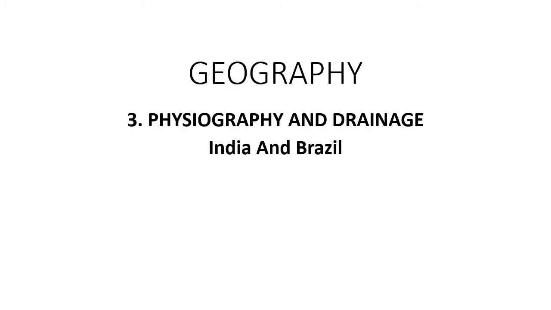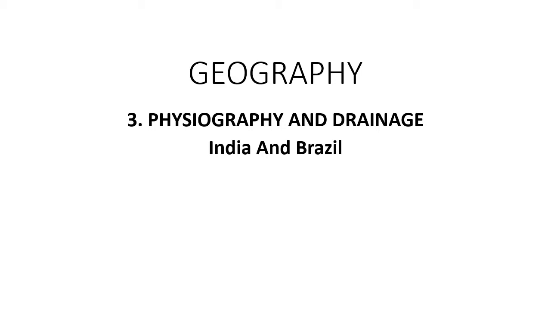Dear students, as I said, we are going to talk about physiography and drainage of India and Brazil. Before I start talking about the physiography of Brazil, I would like to remind you the physical divisions of India. You might remember there are 5 important physical divisions that we find in India.